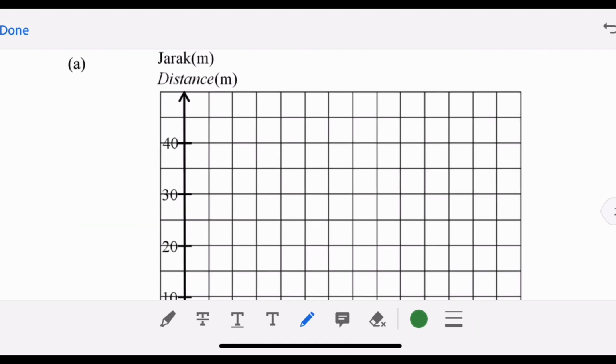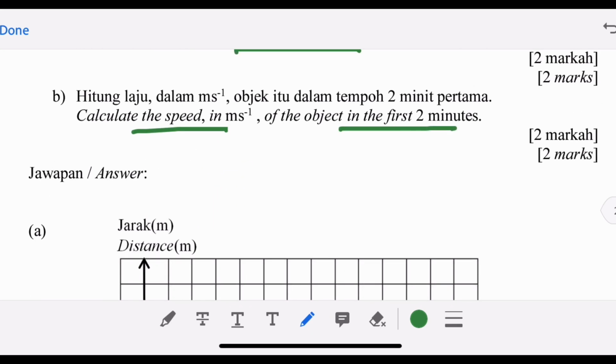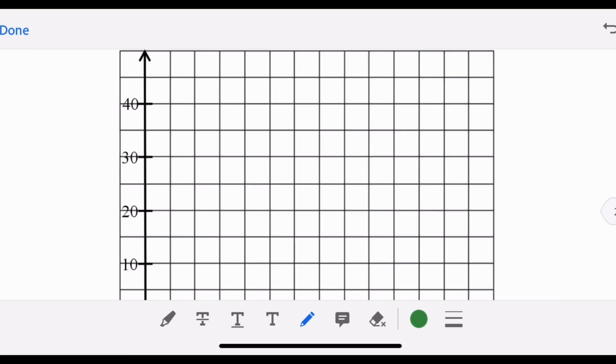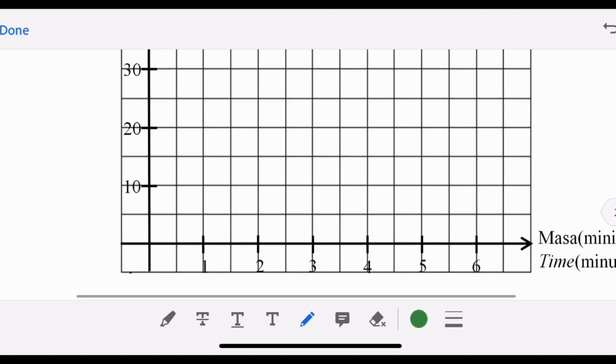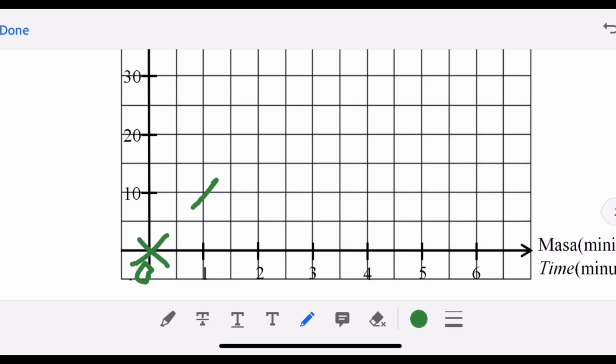Alright, let's start to figure out how to draw the distance time graph. Actually this is very simple. You just plot the point according to the table given, because they have given you the axis for the time in minutes and also the distance in meters. So the first point is 0, 0.